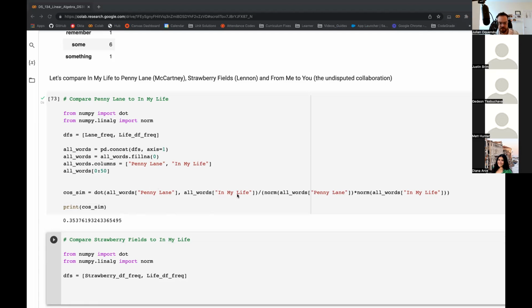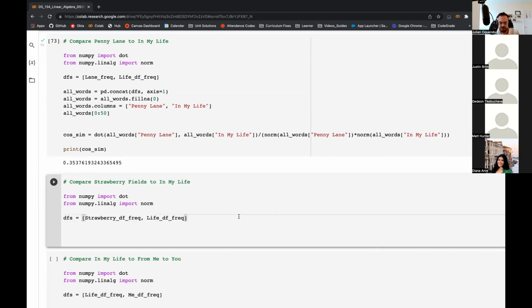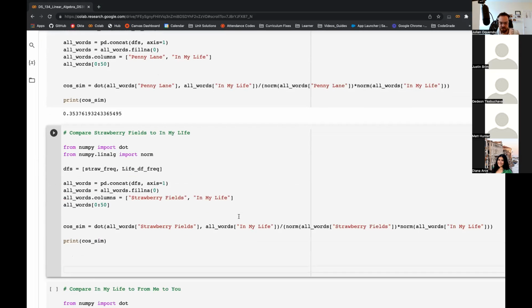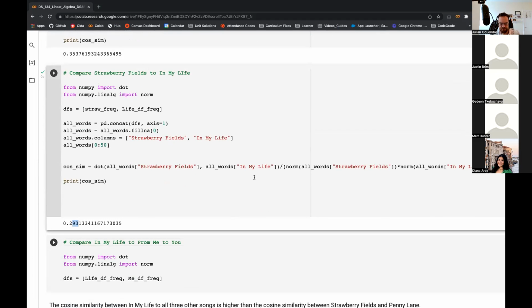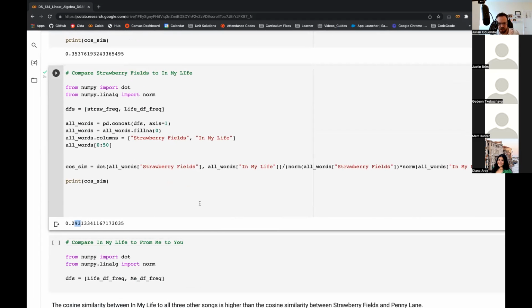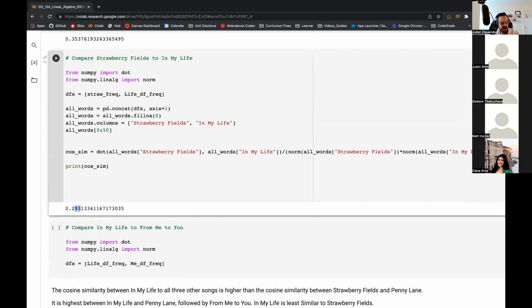So Paul McCartney to the disputed song has a cosine similarity of 0.35. If you take the next song, Strawberry Fields, to In My Life, the John Lennon song, notice that the value is a little bit lower. So John Lennon to In My Life is not as high as the Penny Lane song.